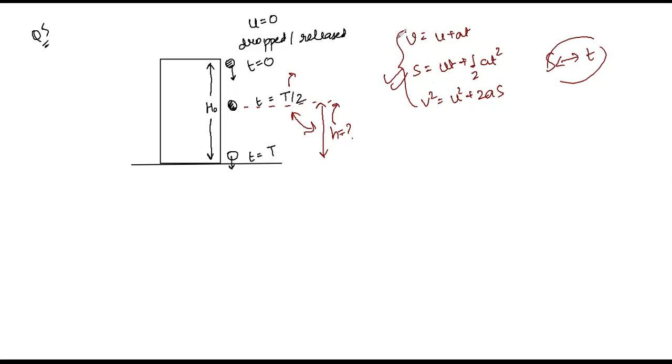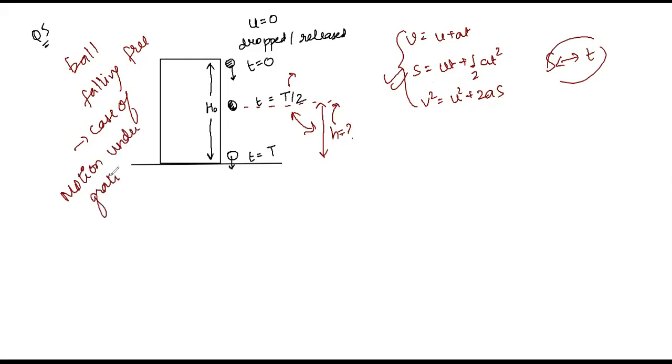And why are we using only these three equations? Because the ball is falling freely. Whenever a ball falls freely, it is called a case of motion under gravity.